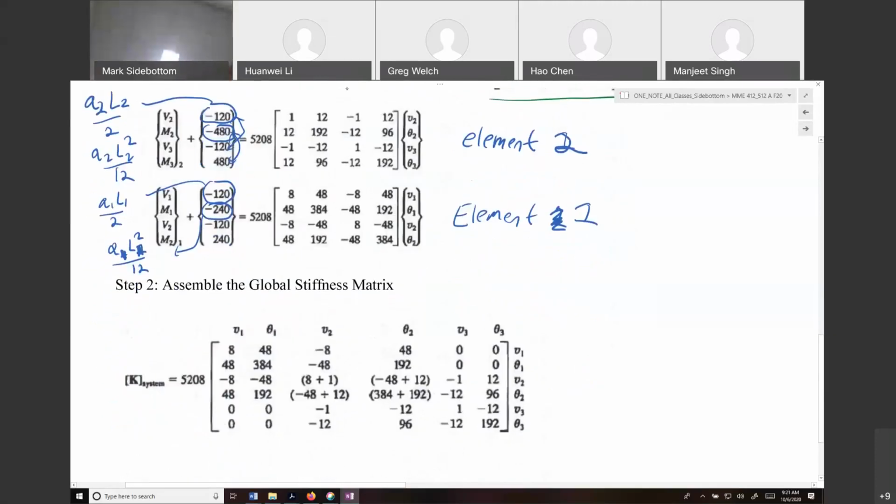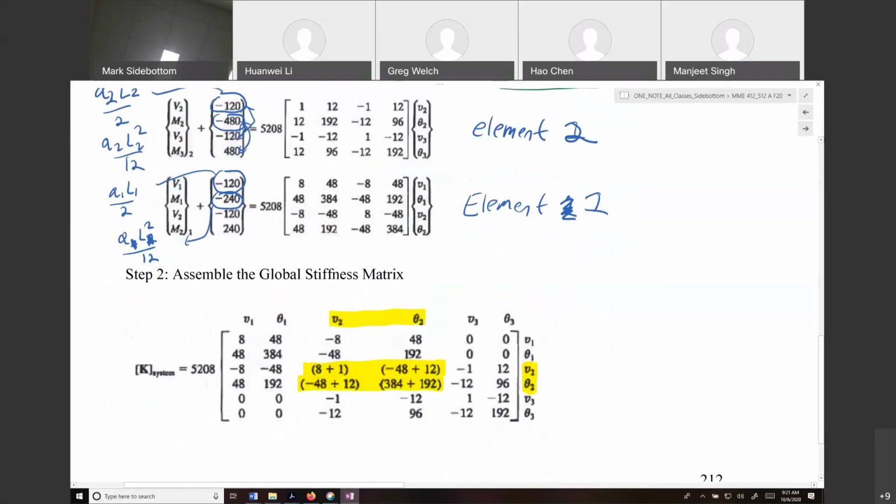Our shared nodes are going to be highlighted in yellow here. These are the ones that correspond with V2 and theta 2. So now we have our global stiffness matrix.